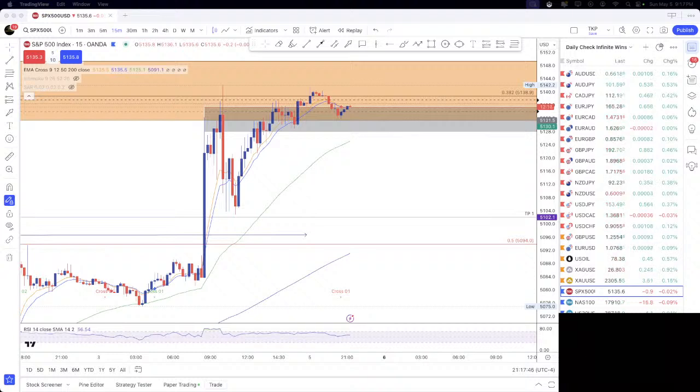All right, so it's showing the market like it gapped down. Let me move this stop loss closer.